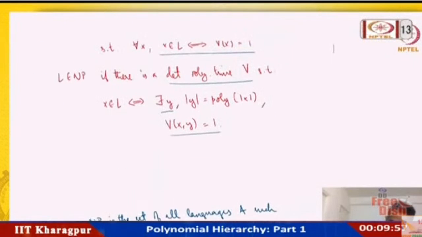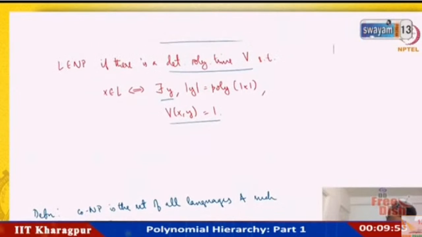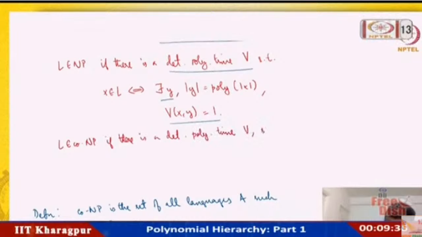And just like we had these descriptions over here, the verifier based description, we also have a verifier based description for CoNP. So I'll write it here. L is in CoNP if there is a deterministic polynomial time machine V such that X is in L if the complement of X is in NP, right?